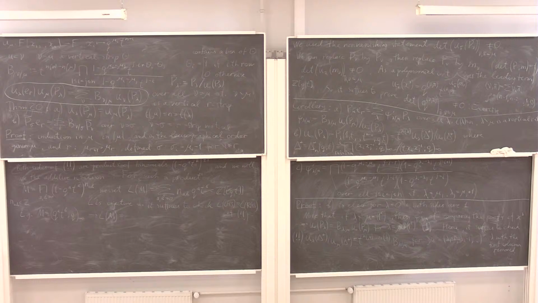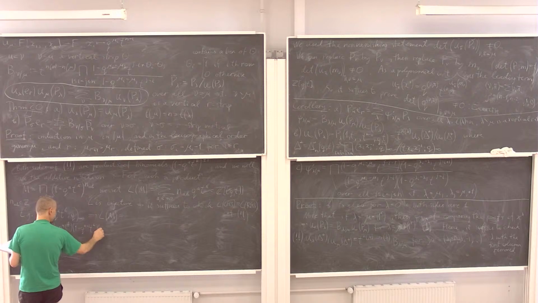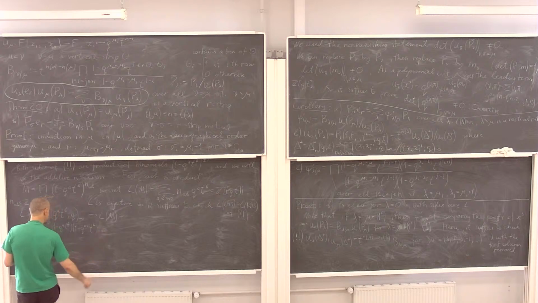This thing is 1 minus q^a t^b times 1 minus q^(a+1) t^b times so on.